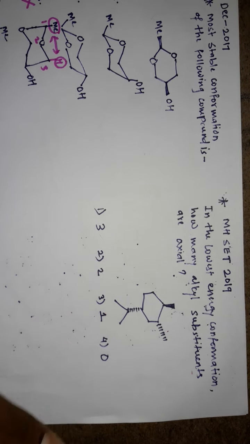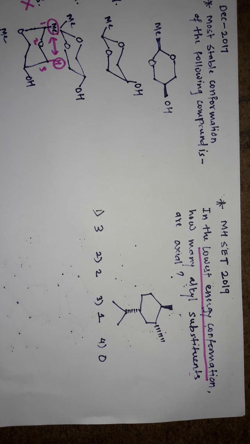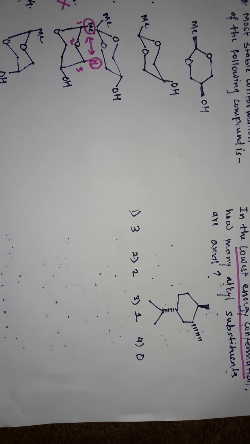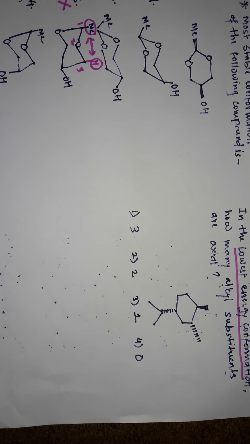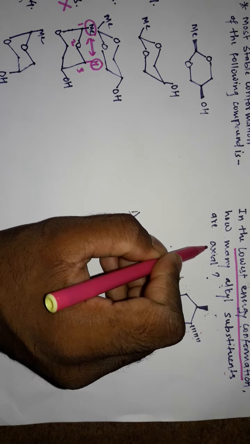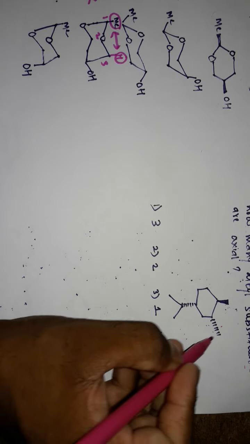Lowest energy conformation means chair conformation, and in the chair conformation we need to see the bonds which are at the axial position.